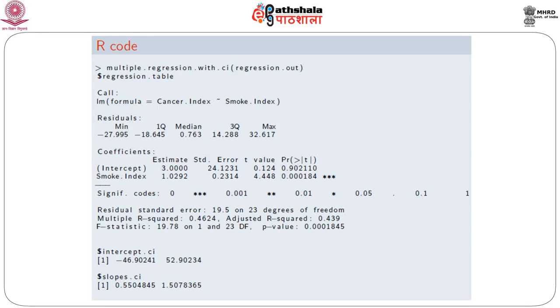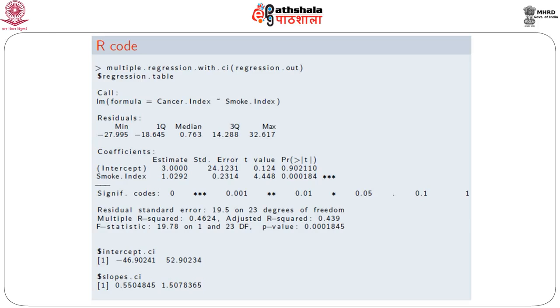So, after we run this function for the out object of the LM function used before, we can see that we get the same estimates for intercept and slope, which is corresponding to smoke, and everything else remains the same, the standard error and the p value. In addition to the output that we had received before, we now have the confidence interval for intercept and for slope.